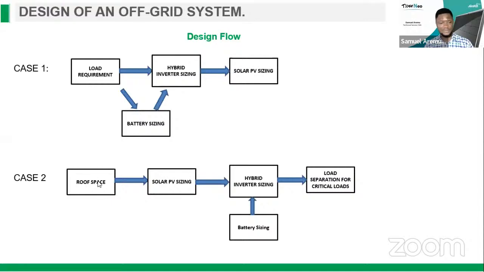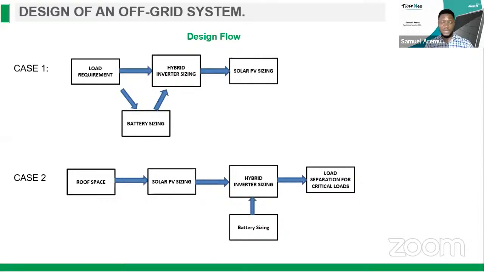For case two, you're looking at the roof space. Apart from budget or user requirements, in some scenarios the load capacity or the solar PV exceeds the available space. That means your major focus, or your starting point, is the available roof space.